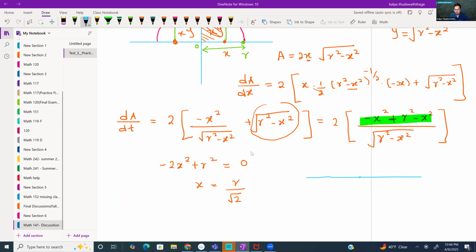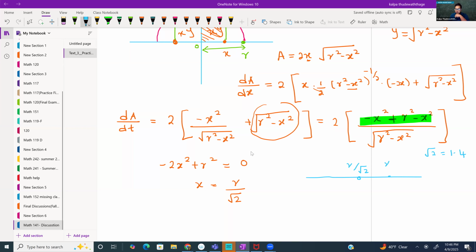So let me mark it here, r over root 2. So think about what happens if I plug in something more than that. Root 2 is about 1.4.